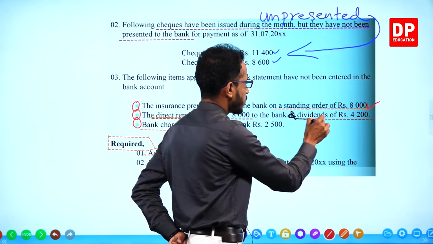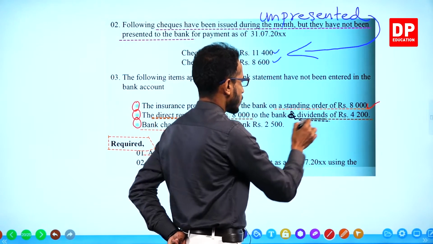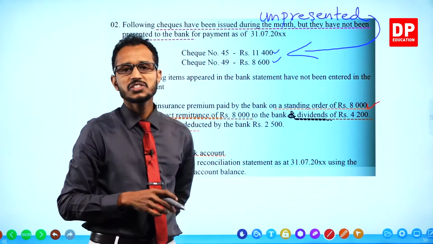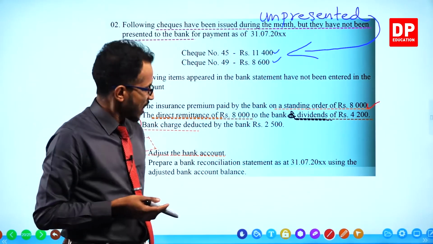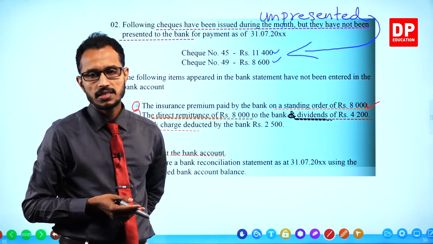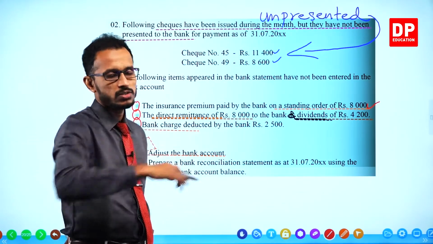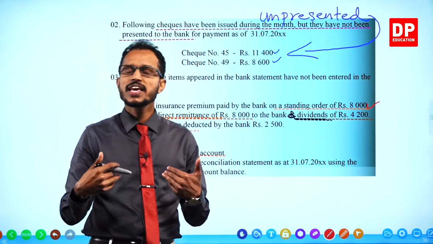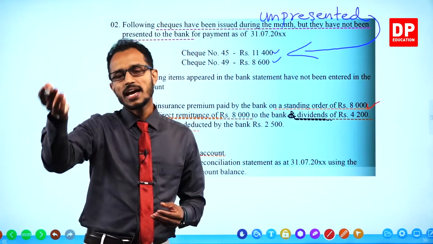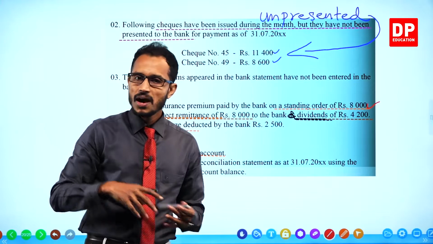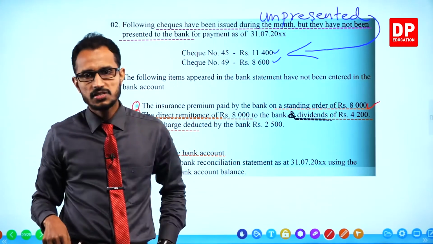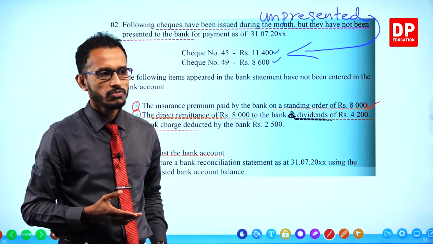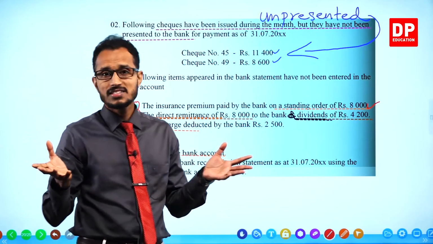Now children, if you don't know what dividends are: the profit share of a company which is paid to the shareholders of that company. As businesses, we can invest our money to buy shares. Let's say we bought some shares of Sampath Bank.